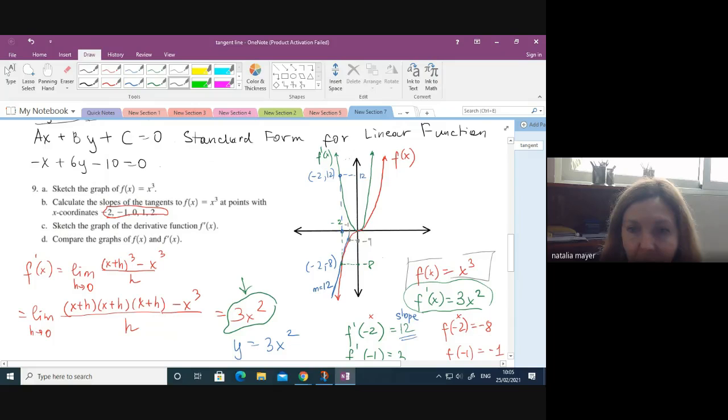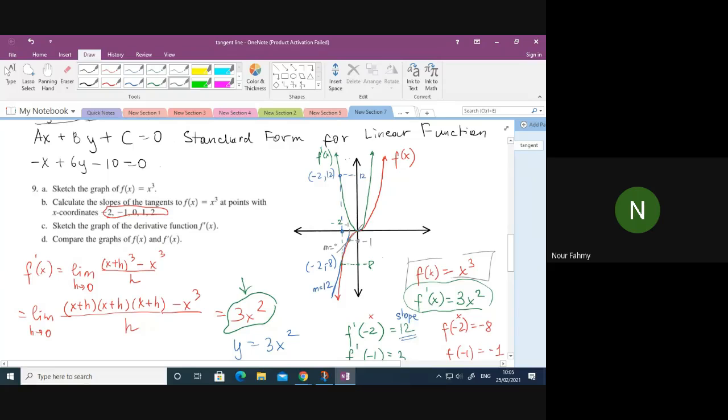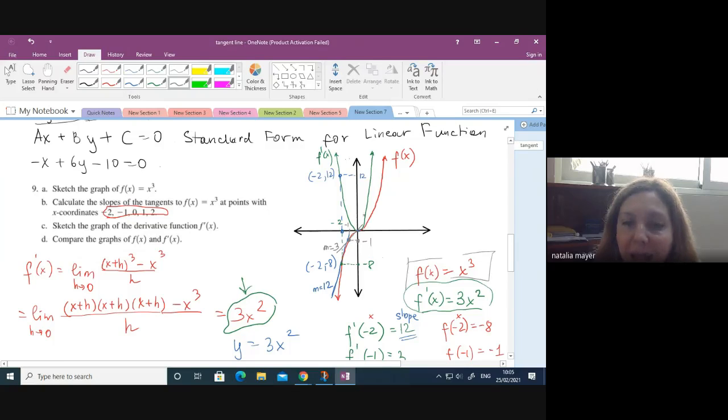If I sketch the slope, what is going to be the slope value? It's the tangent line. What is going to be the m of this tangent line? It's going to be 3. Positive. And as you can see, if I go from here up to the green curve, which represents the derivative function, then I will intersect somewhere here to get 3.